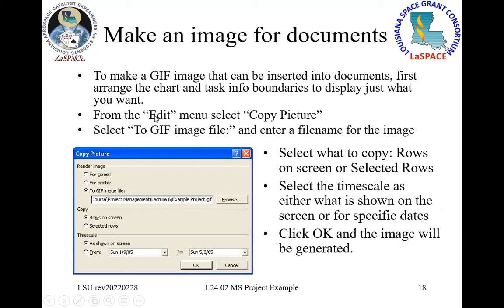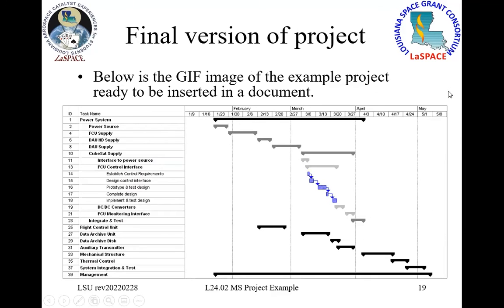You go to the edit menu, do a copy picture, select to a GIF image, give the file name, select what you want to copy and how you do it, and press OK, and you'll get a GIF image of this. You can convert that GIF image to a JPEG or whatever you want. So here's your full schedule, ready to be copied into a document. Okay.